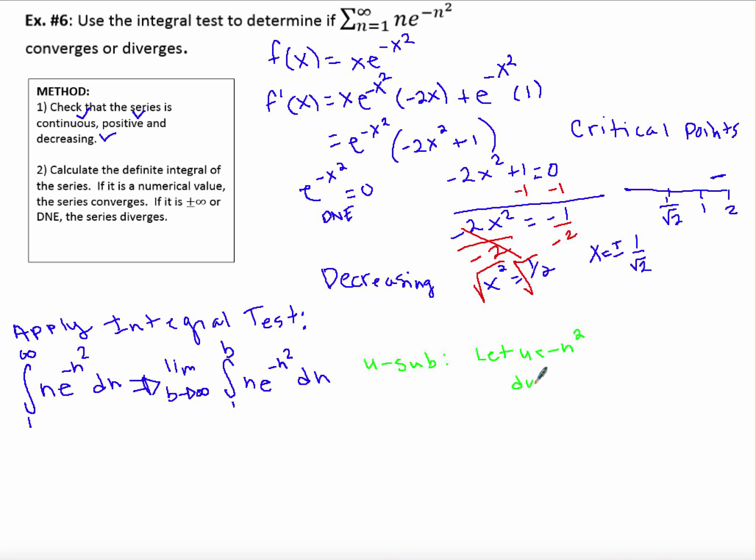That means that du is going to be negative 2n dn. And let's get that dn alone. So that's going to give me du divided by negative 2n, and that'll give us dn.